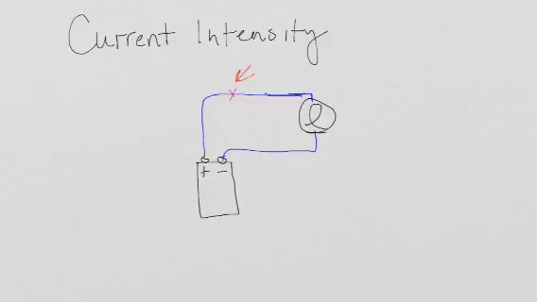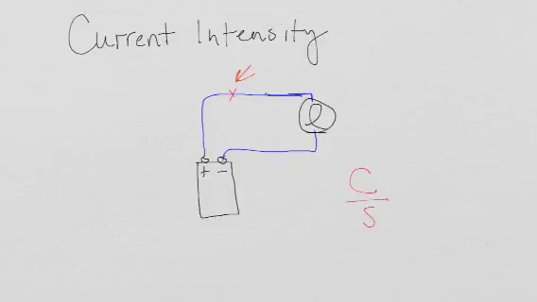So if we say that current intensity has to do with electrical charge and time, we know that electrical charge is measured in what? What's the unit of electrical charge? Coulombs, right? Coulombs is electrical charge. And if I say that I want to measure how many coulombs are passing through that X every second, I can make a fraction out of that, right?